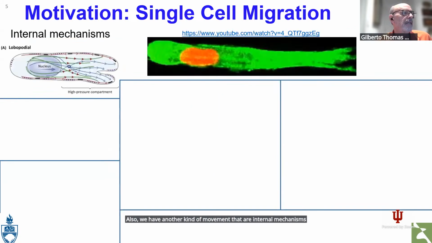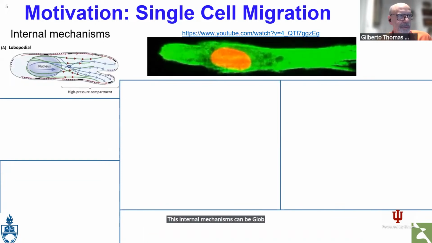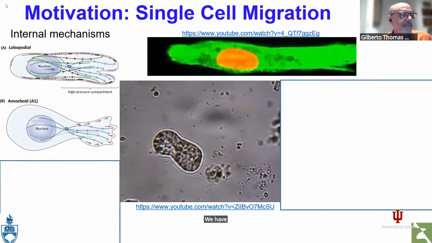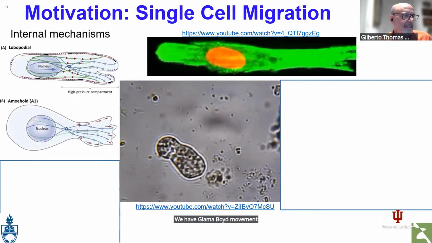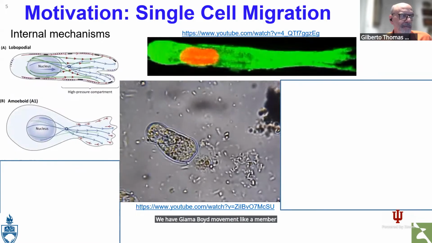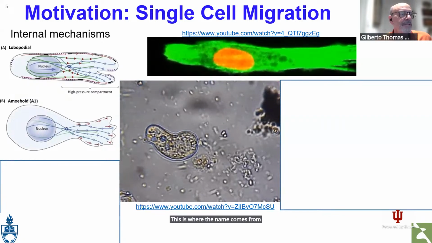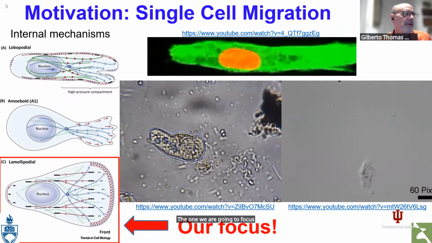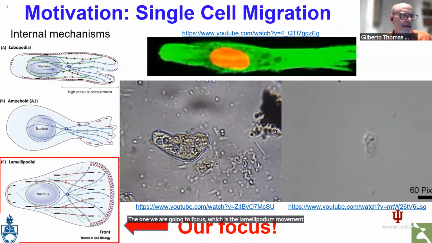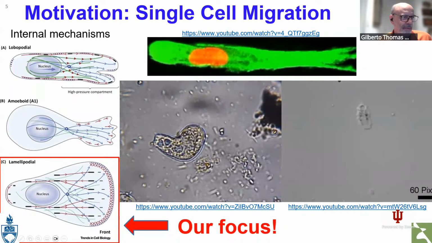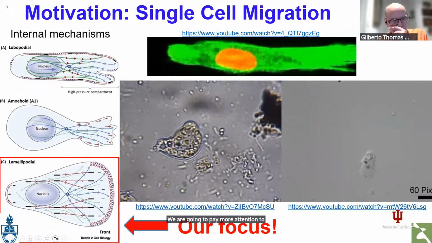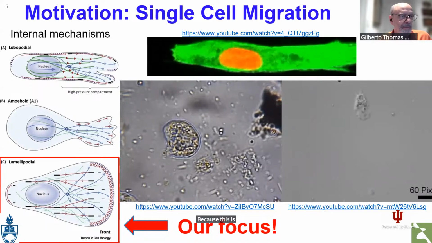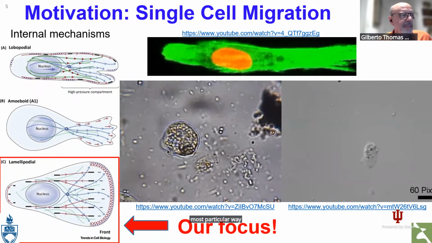These can be lamellipodial, like the one you are seeing now, or amoeboid movement, like the amoeba, which is where the name comes from. We are going to focus on the lamellipodial movement, because this is the particular model we want to build.